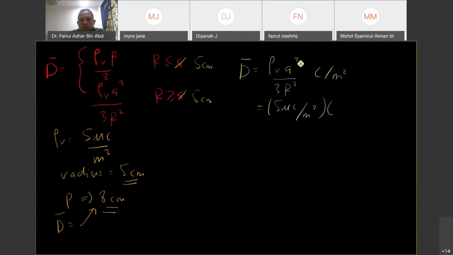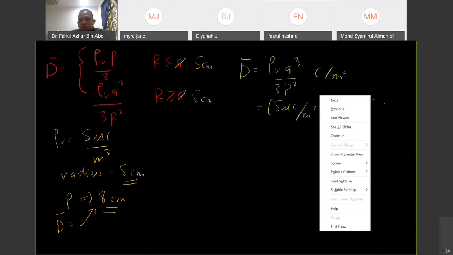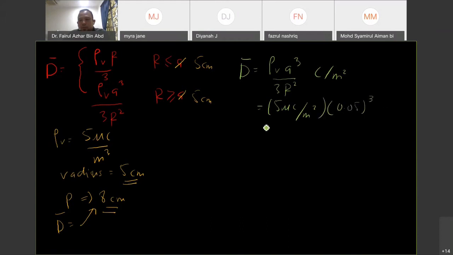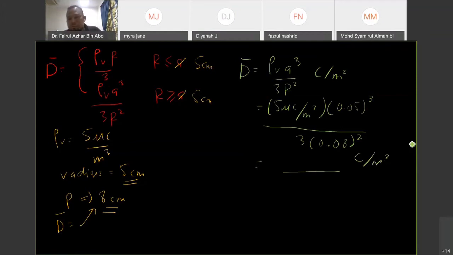A is 5 centimeter, so 0.05 to the power of 3, divided by 3, and the value of R is equal to 0.08 to the power of 2. Then if you solve it, calculate using the calculator, you get the answer in terms of how many coulomb per meter square.